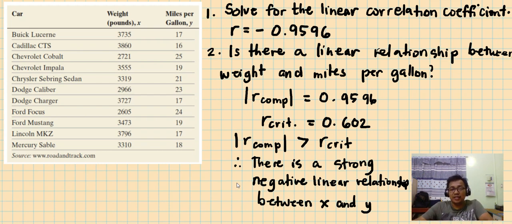Now, if there is a linear relationship, then it makes sense to compute the linear regression equation. But if in number 2 the result was that R computed is less than R critical, it means there is no linear relationship between X and Y. In that case, it does not make sense to solve for the linear regression equation anymore.